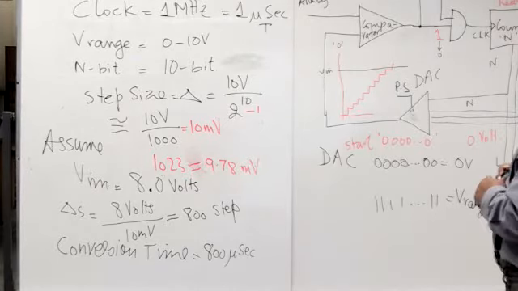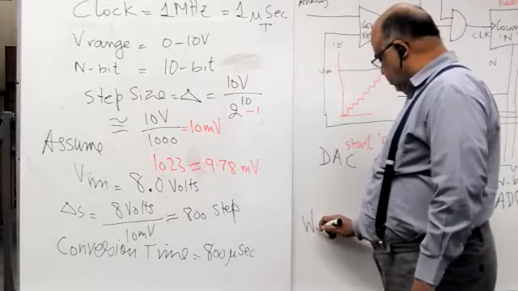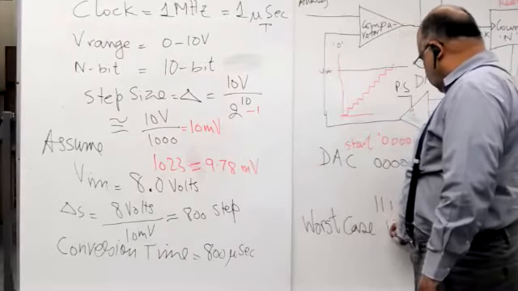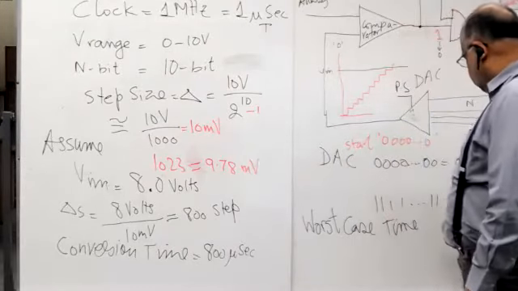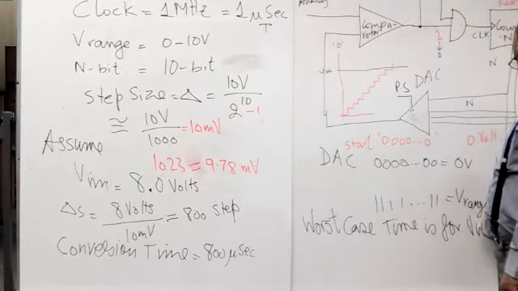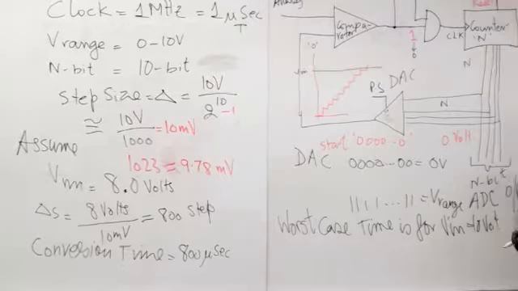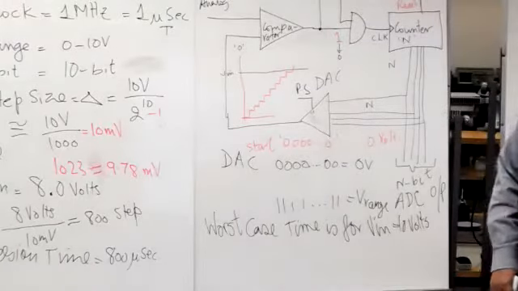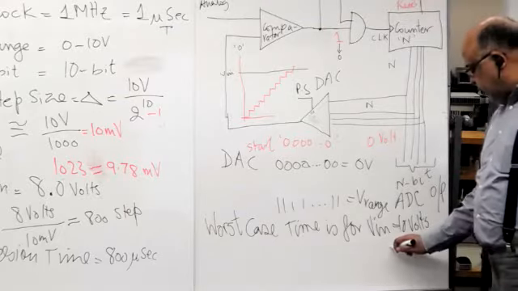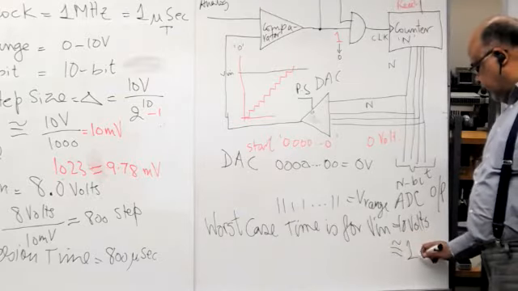Worst case time is 1 millisecond, for V equal to 10 volts, and that is 1000 microseconds, nearly equal to 1 millisecond.